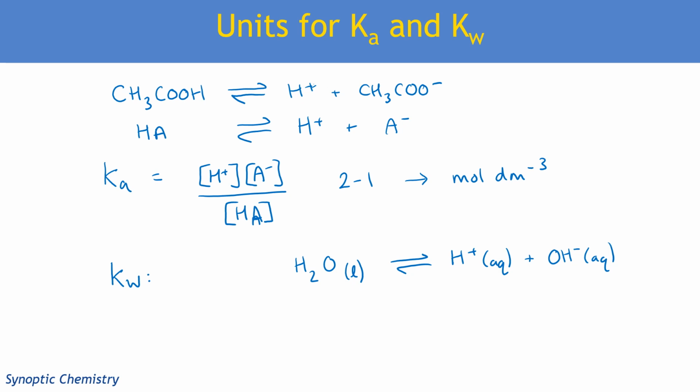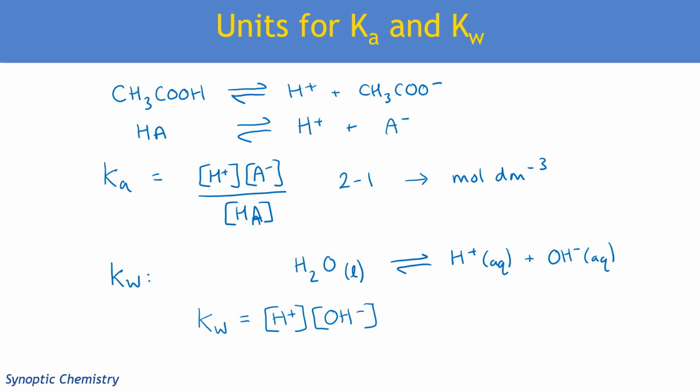You can't add more water to dilute water, it just stays a fixed concentration no matter what the conditions are. And so that means that we don't include it in the Kw because it won't affect the position of equilibrium. So Kw is sometimes called the ionic product of water for that reason. We mean product here like maths, when product is two things multiplied together.